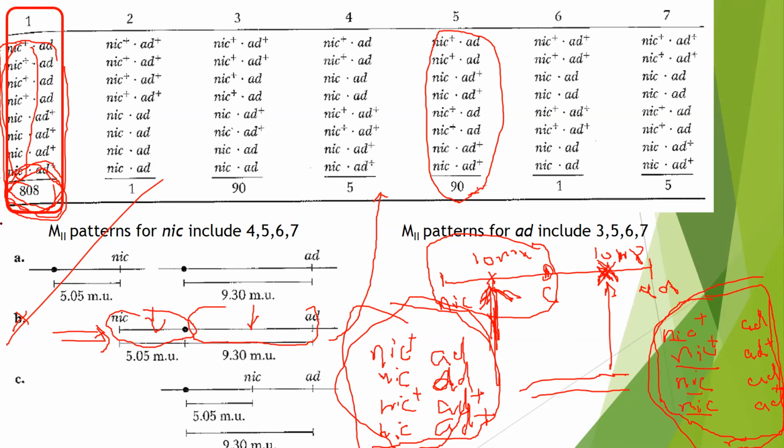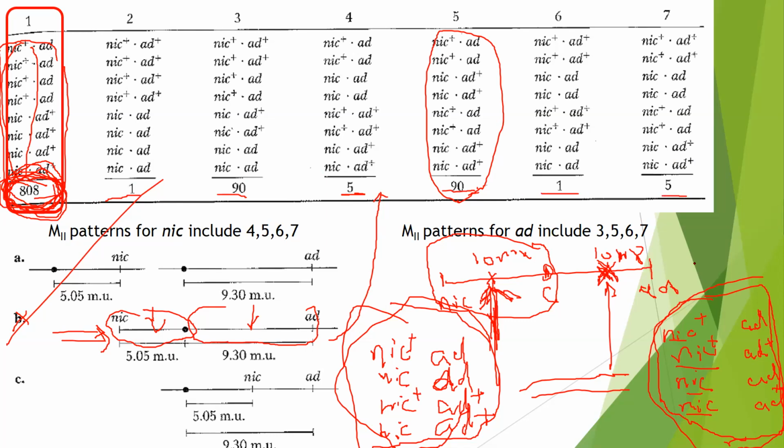The same reasoning rules out A: if these two genes are not linked, if they are on different chromosomes, we should not see one type of ascus having such a large number. All the categories should roughly have the same numbers.